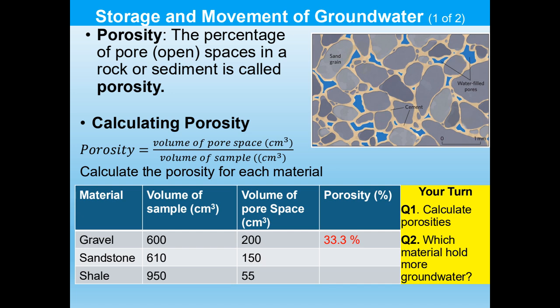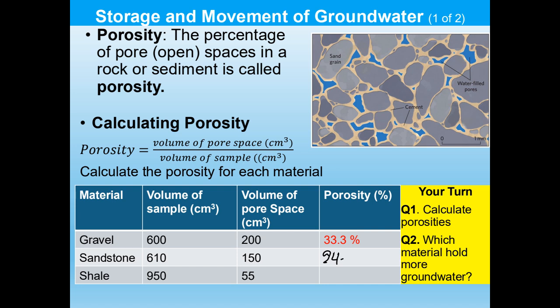So again, all you have to do is multiply 150 divided by 610, and if you divide the numbers, you get 24.6%.